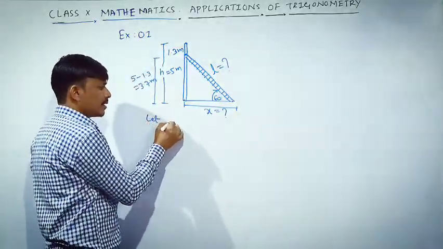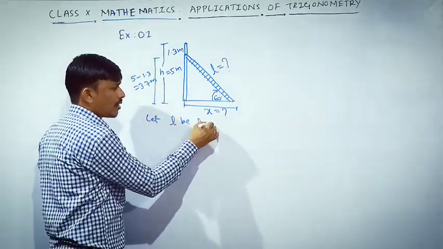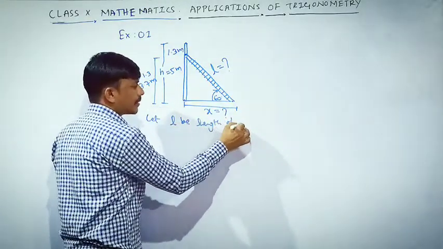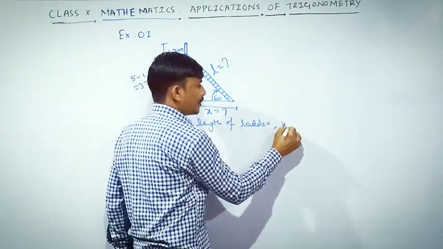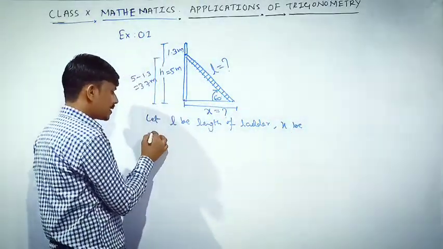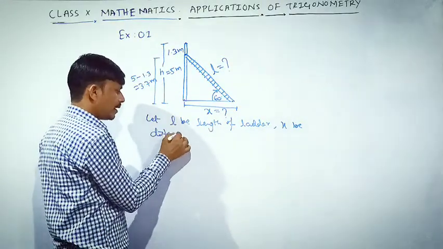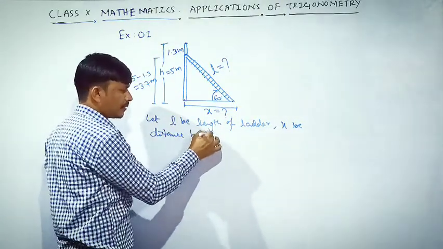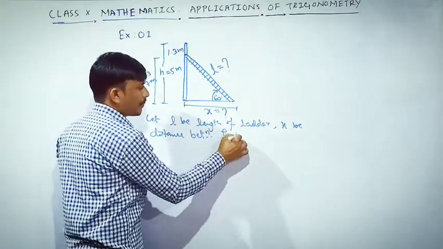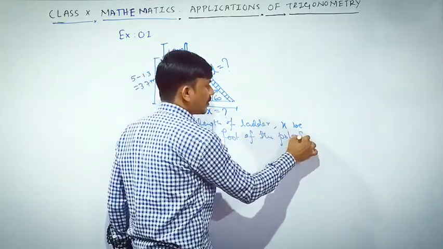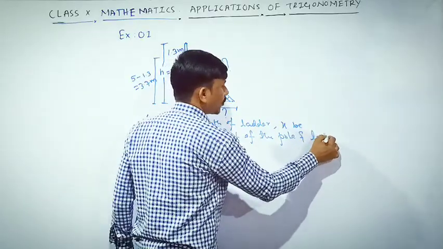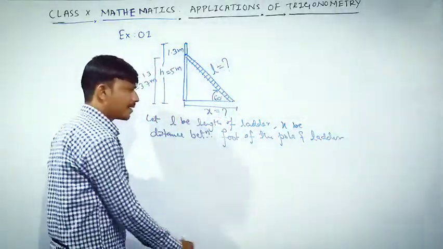Let L be the length of the ladder, x be the distance between the foot of the pole and the foot of the ladder.